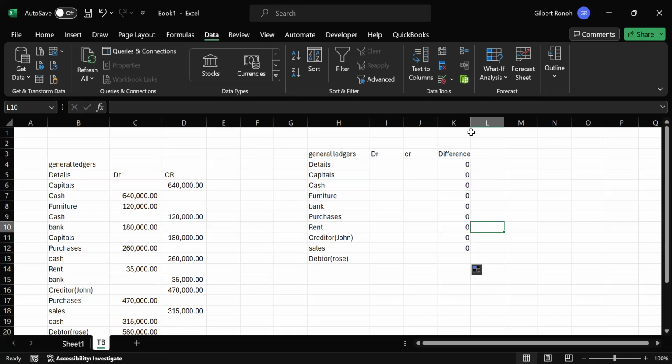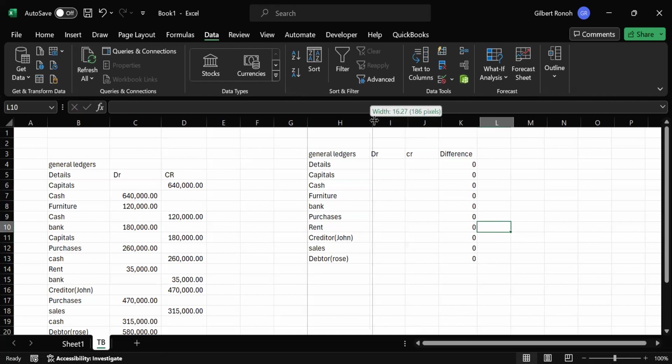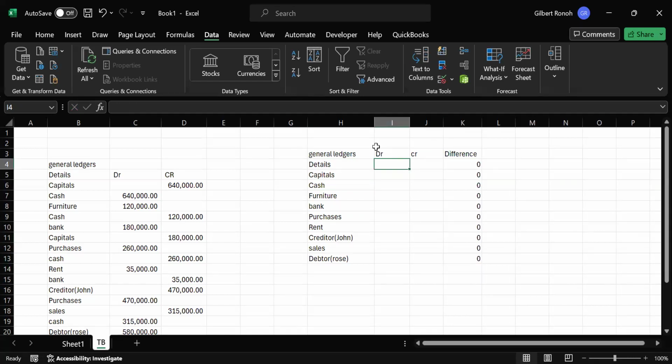That is the difference. I can't use a simple Excel formula to get these values.